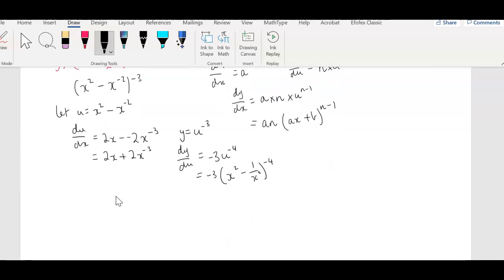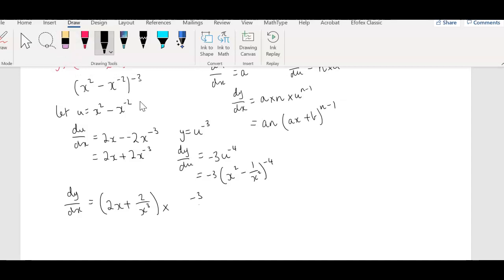This looks mighty complicated. So dy/dx is equal to, now notice you've got two terms here, so you've got to put it all in brackets. So 2x plus, I should really write this as 2 over x cubed, not with a negative power. Then times negative 3, and I've got a power there as well, negative power, sorry, I'll just change that.